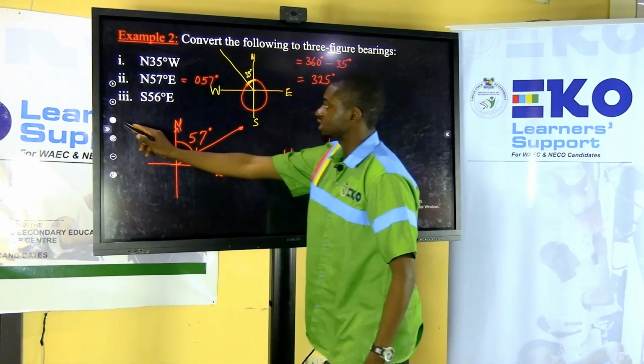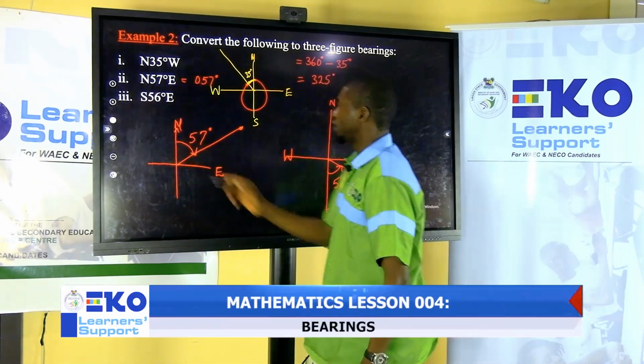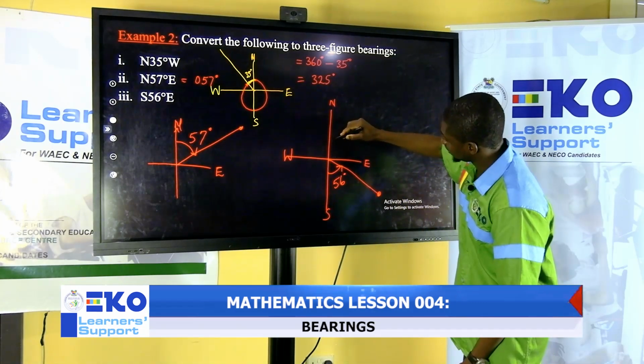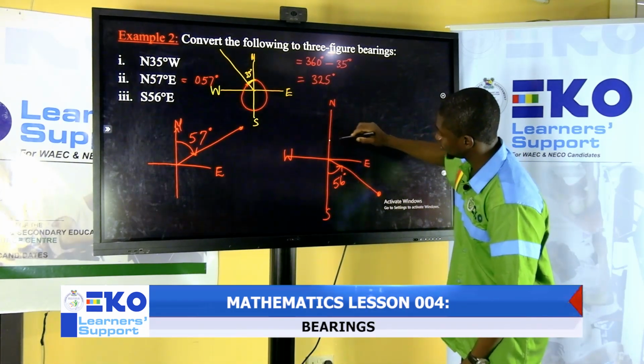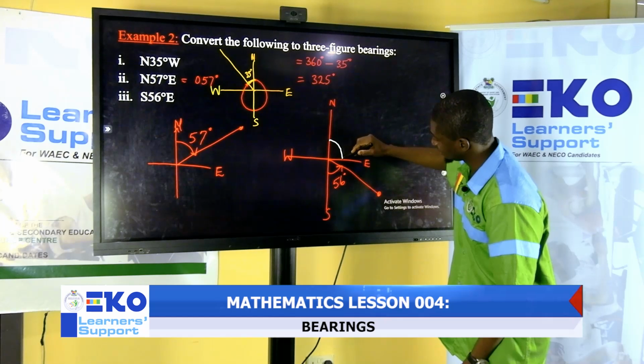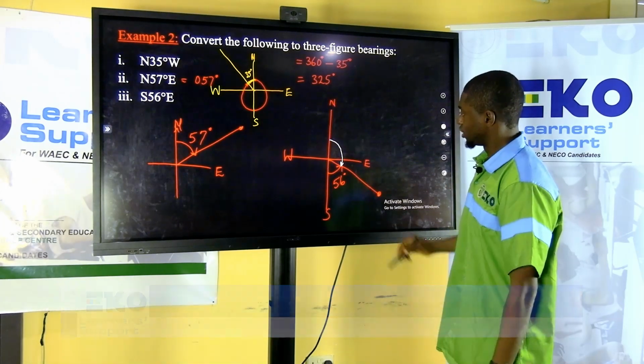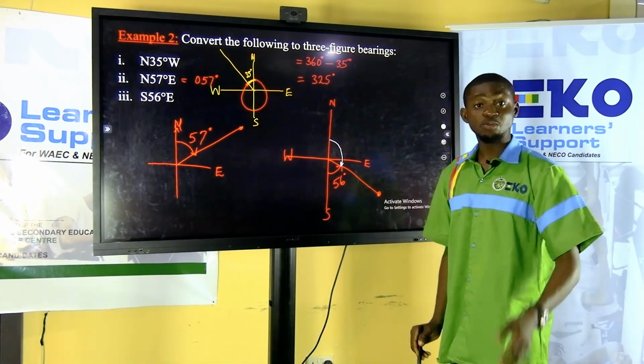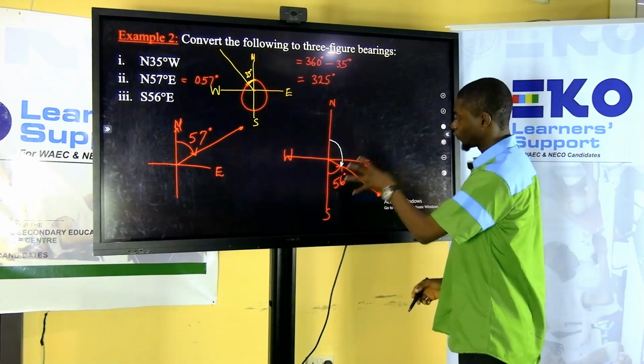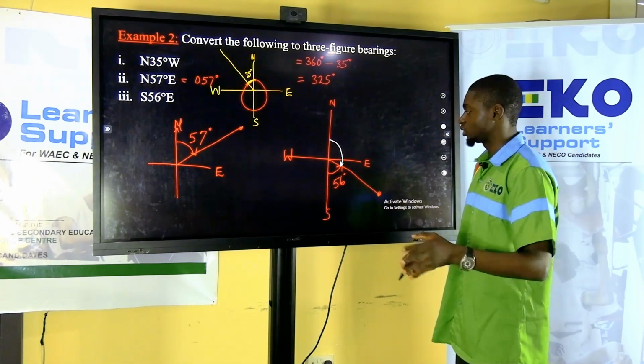So our interest is the 3 figures. If we are now looking for the 3 figures bearing, it comes from the north, which is 0, 90, and it stops here. Remember, if it had completed this, that would be 180. So now it falls on this quadrant, southeast, which is 180.